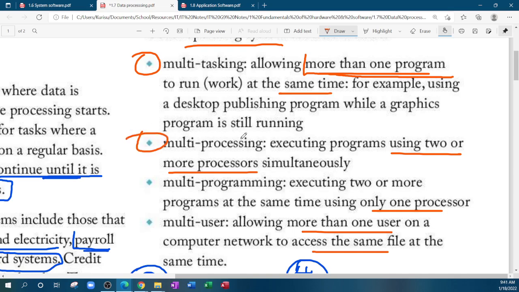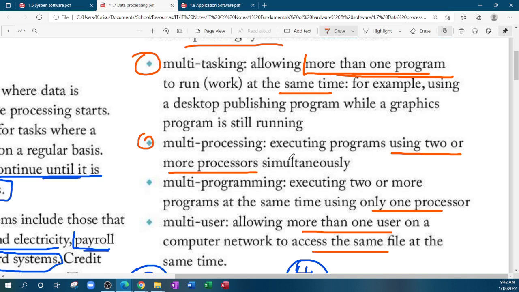Now, what is multiprocessing? So, going back to multitasking, remember we're talking about time sharing. All of these programs are sharing the time or sharing the CPU of this one computer, of my one laptop that I have here. So that there is time sharing. Now, what is multiprocessing now?